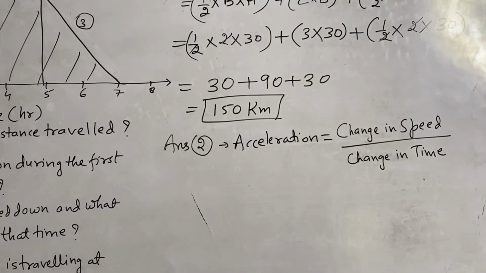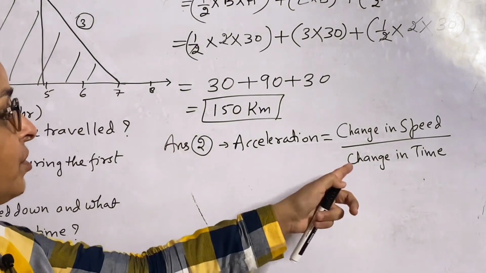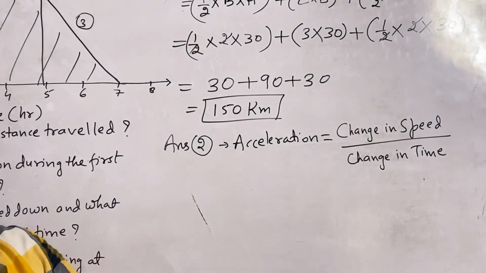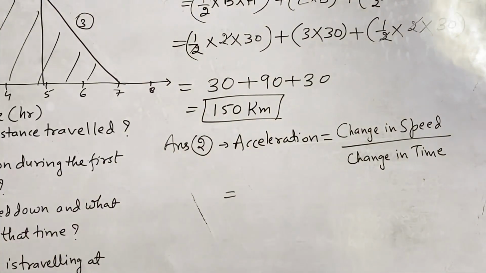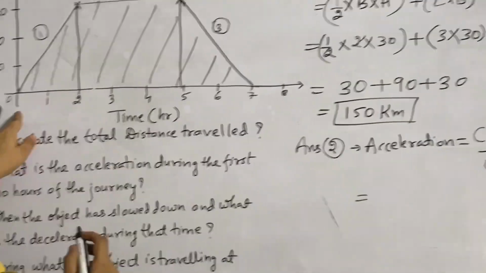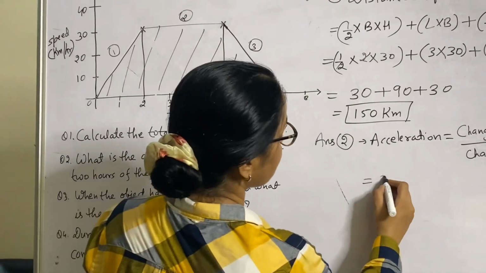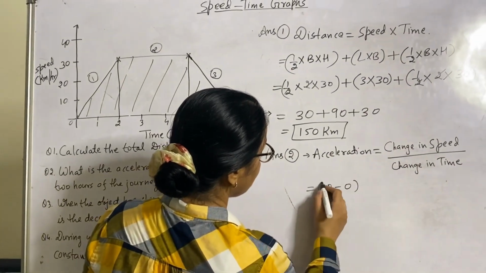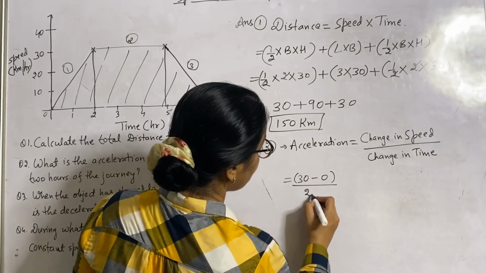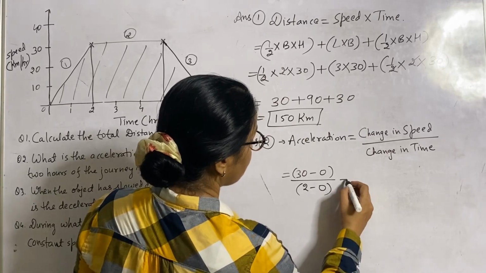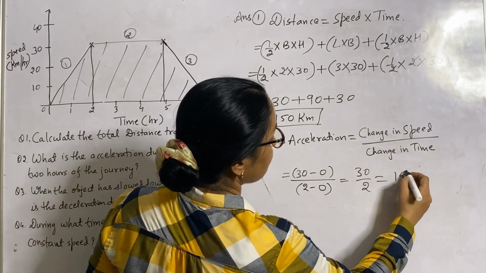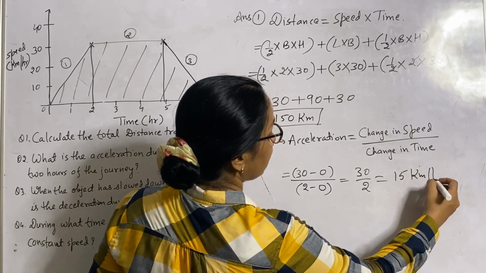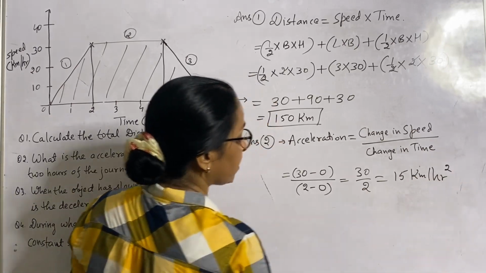So acceleration is change in speed over change in time. Change in speed is from 0 to 30 in 0 to 2 hours. So it is 30 minus 0 over 2 minus 0. So that is 30 over 2.